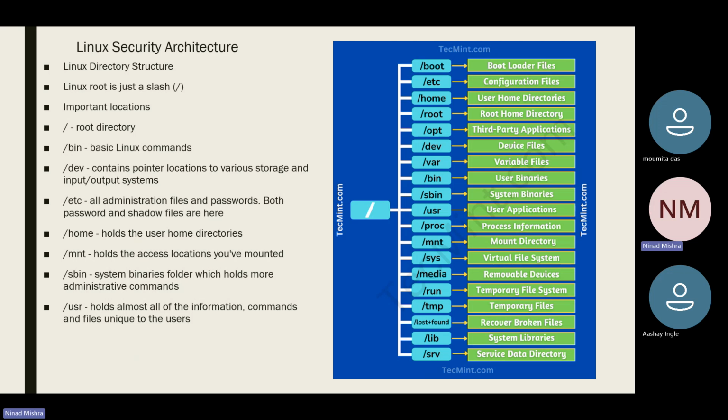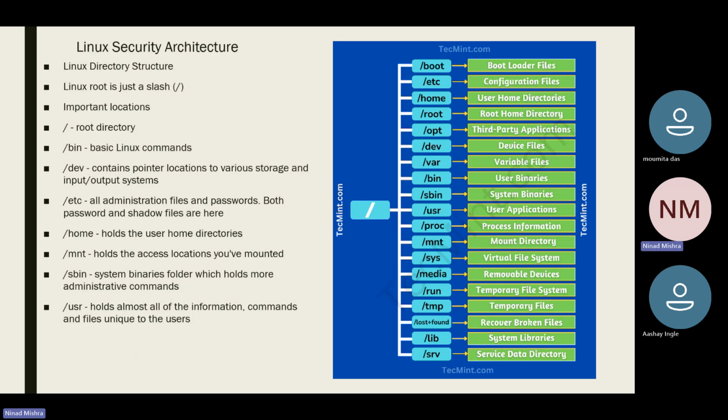Home is your user home directory. /mnt is where your access locations are mounted. /sys is your virtual system. /sbin is system binary folders, which holds more administrative commands, so you will need your sudo access for that. Whenever you want to run some administrative commands, you can run them through over here. /var contains variable files.